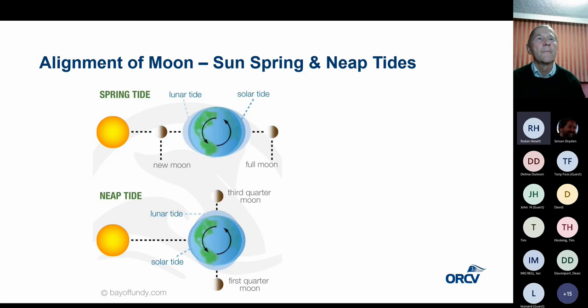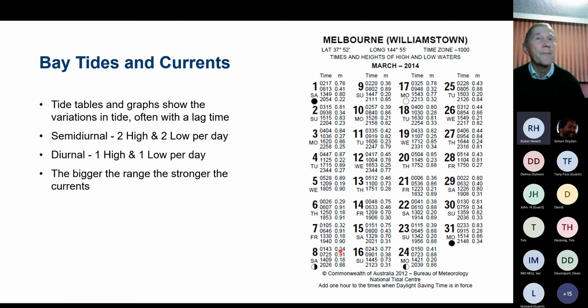Looking for tidal information, you remember the boxes on the BOM site? They have one of those boxes that have tidal tables. And typically they produce a table like this, which gives you the days for a month or something. If you look, I can't quite see it here, but if you look on the website, you'll see a little piece somewhere up here that says more information.